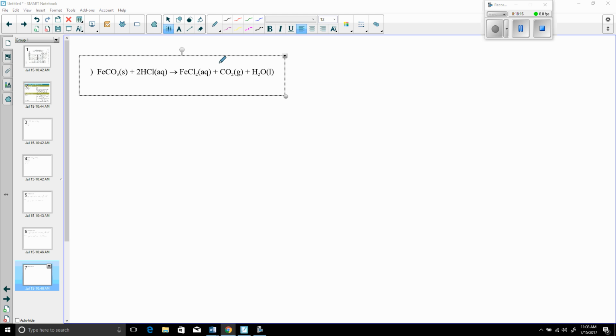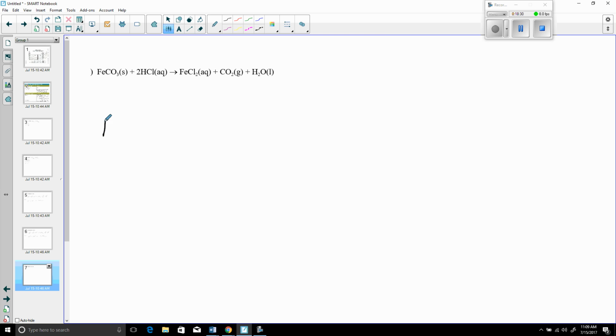But also notice these other states of matter. We have aqueous, gas, and liquid. All right, so we have here iron, Fe2 plus, CO3 2 minus.